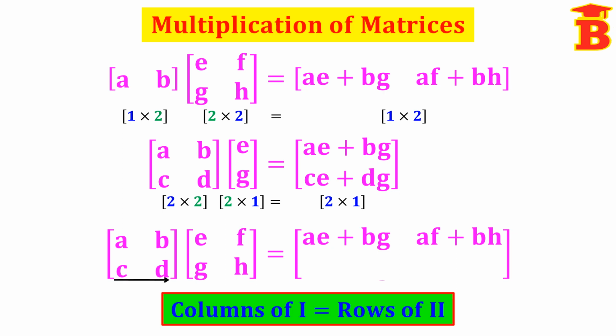Next take second row and multiply with the columns. Second row first column, we get C E plus D G. Next second row second column, C F plus D H. So this is the matrix multiplication method.